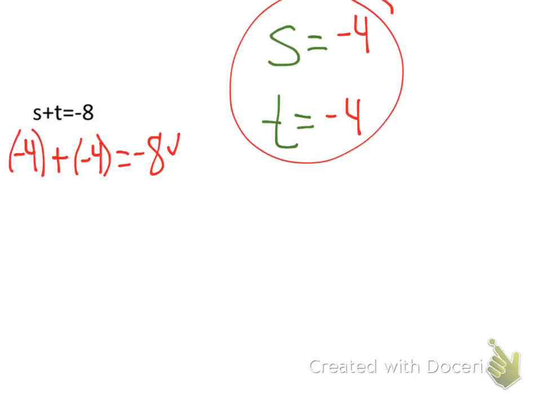Does anyone have a different one? So those are the only two numbers that add to negative 8. I'm thinking. You're thinking, okay. What can you add to any number if you don't want to change the number? 1 will change it.